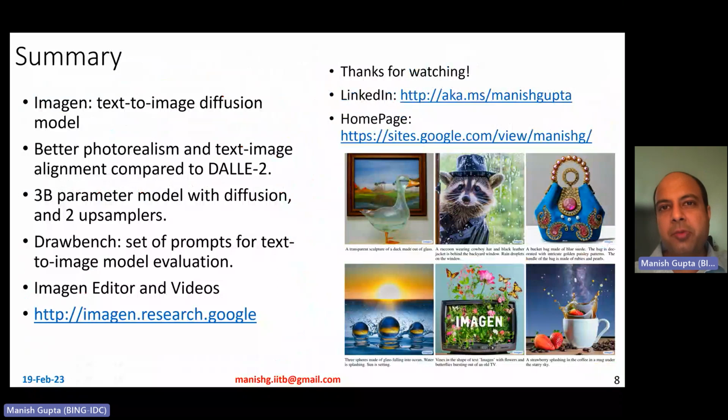In this paper, they also contribute DrawBench, a benchmark set of prompts for text-to-image model evaluation. And there are 2 other follow-up papers, Imagen Editor and Imagen Video. Imagen Editor allows for inpainting in images, and Imagen Video helps you create short video clips given text prompts. You can experiment or read more about Imagen at imagen.research.google.